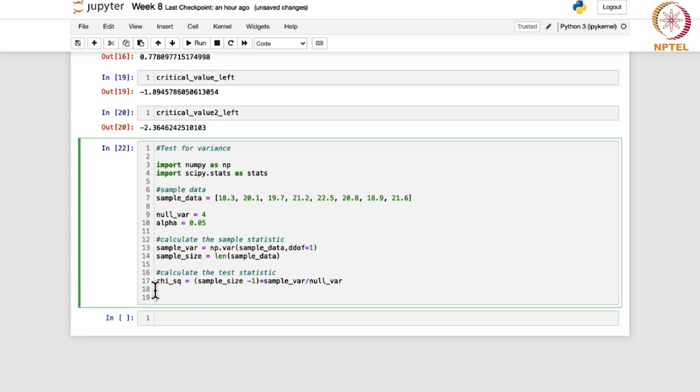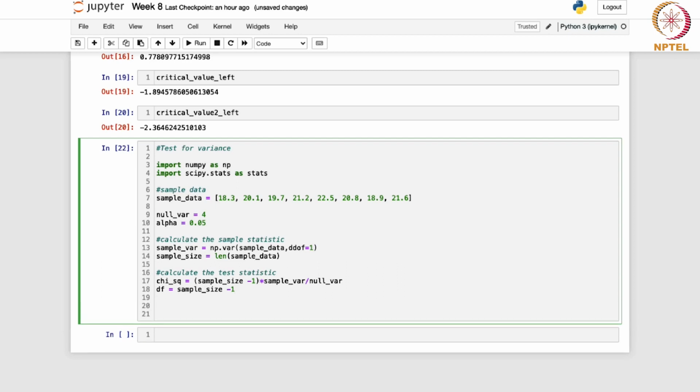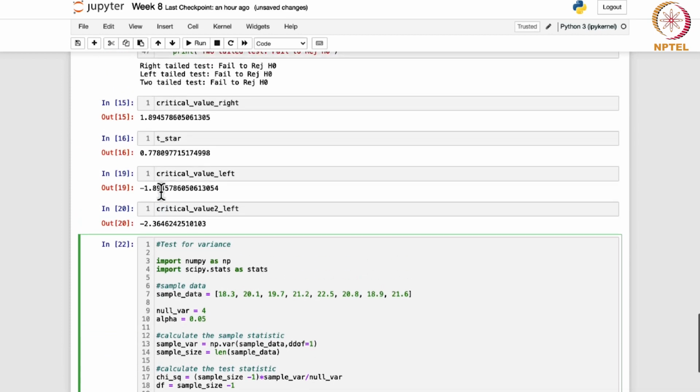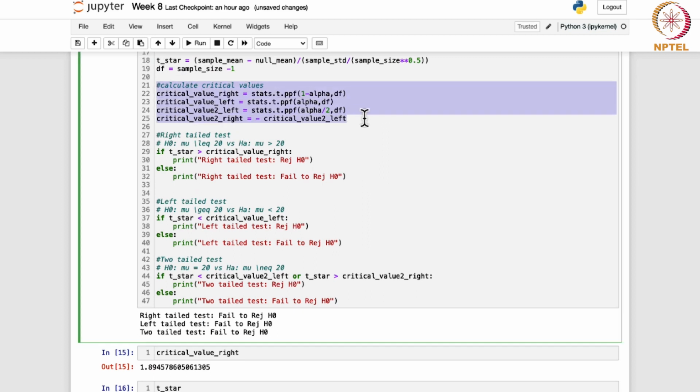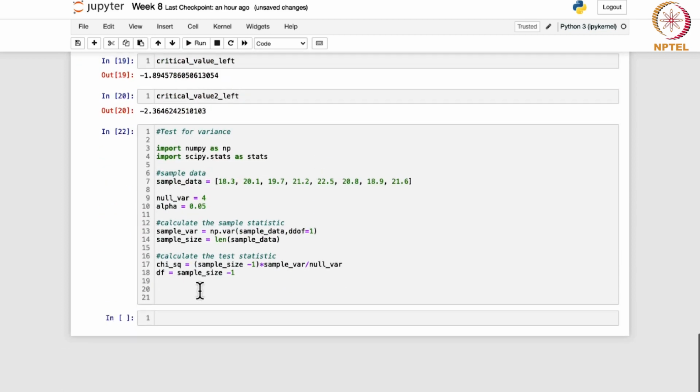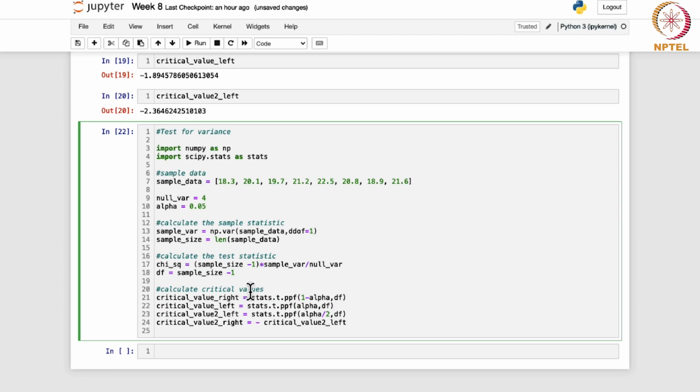We can also have the degrees of freedom. So degree of freedom is easy to see. It is just sample size -1. Now we will calculate the critical values. So I could use the same thing here. Earlier we used this t-test. Here we would be using your chi-squared. So critical value would be stats dot chi-square dot ppf.